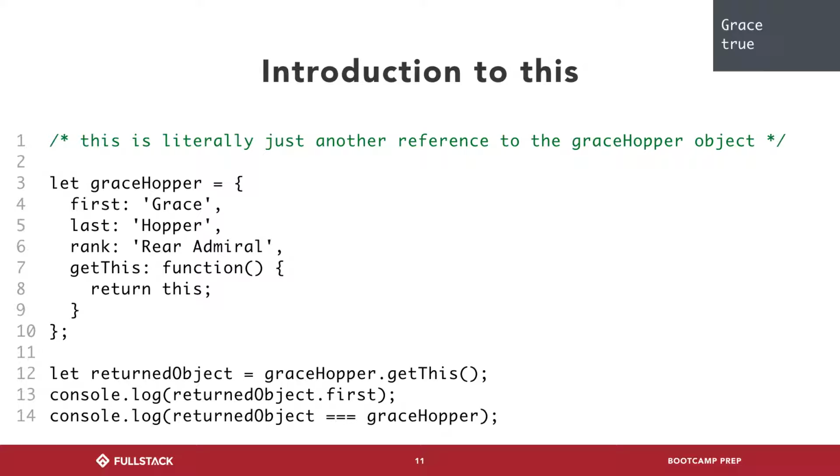Okay, so here, Grace Hopper dot getThis is going to return this, or a number, or anything, and we're saying, hey, let's capture that value in this variable called return object. If we don't have that let return object equals, right? If we don't have this side of line 12 here, and we just invoke Grace Hopper dot getThis, this function's still going to run. This function's still going to give us back this, except right after we give it back, we don't store it anywhere, and so we lose it, in the computer void, right?